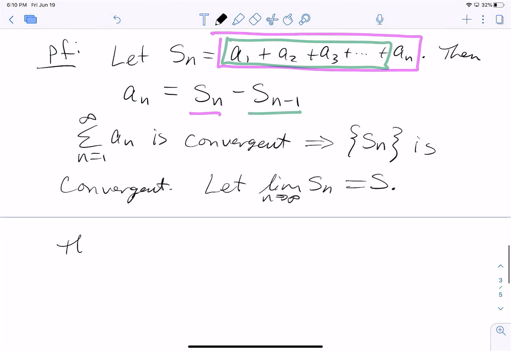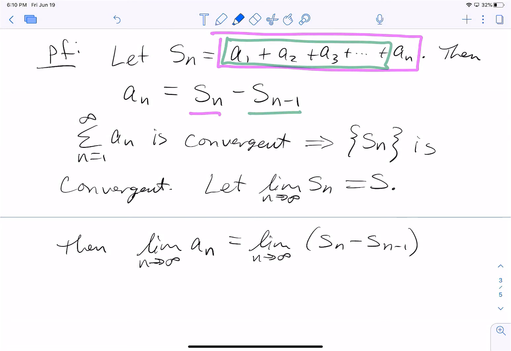Then the limit as n approaches infinity of a sub n is equal to the limit as n approaches infinity of s sub n minus s sub n minus 1, because we've already established that a sub n is equal to s sub n minus s sub n minus 1.